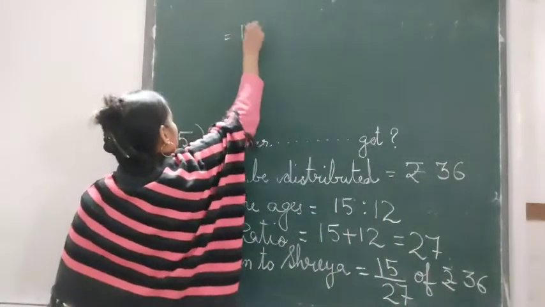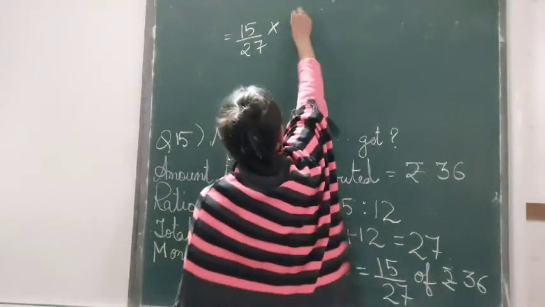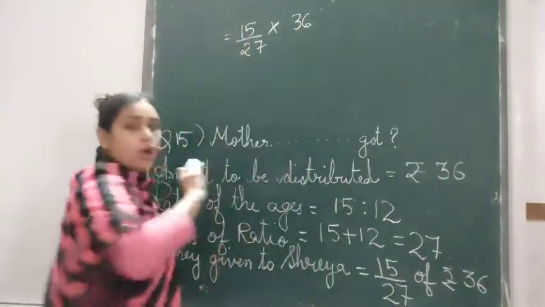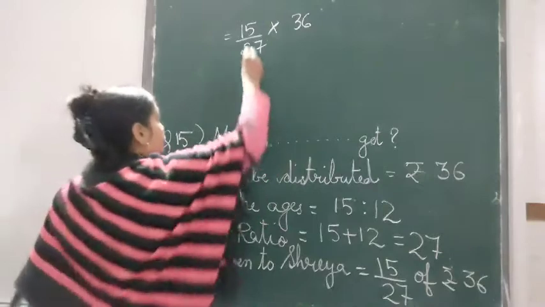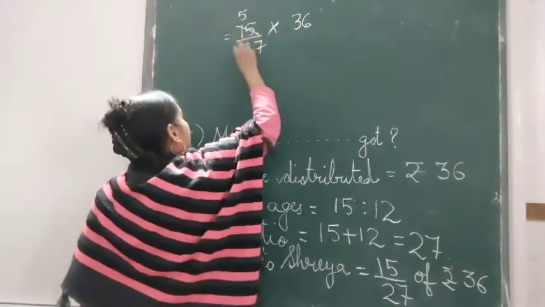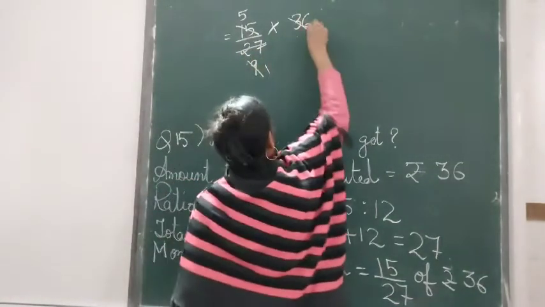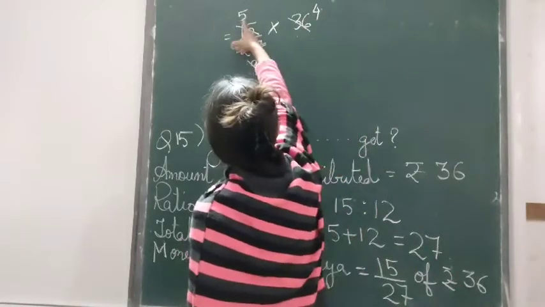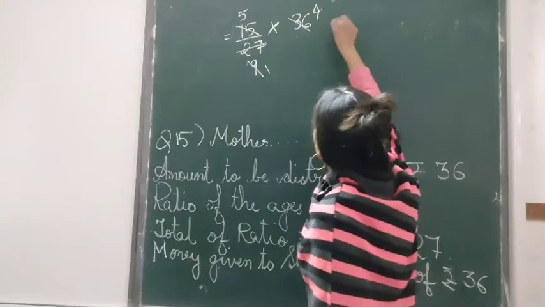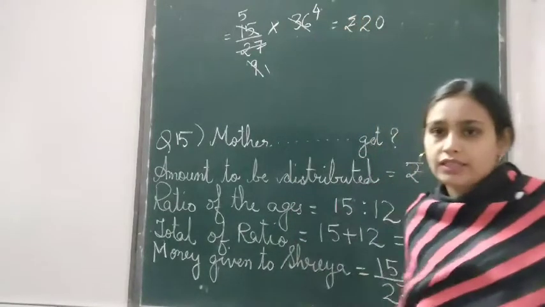So of means multiplication, we already discussed this. Now children, 15, 27, 36 all are divisible by 3. So we can divide 15 and 27. 3 fives are 15, 3 nines are 27, and 9 and 36, 9 fours are 36. Now what is left? 5 into 4. So 5 fours are 20. That is rupees 20.